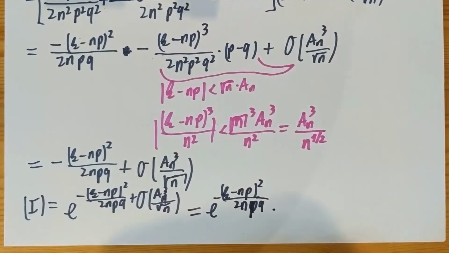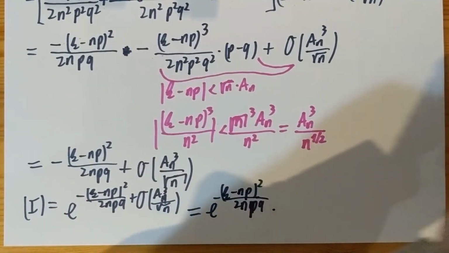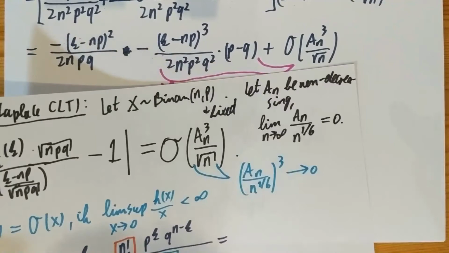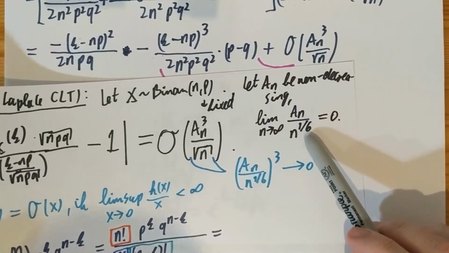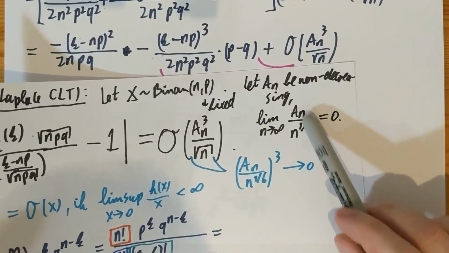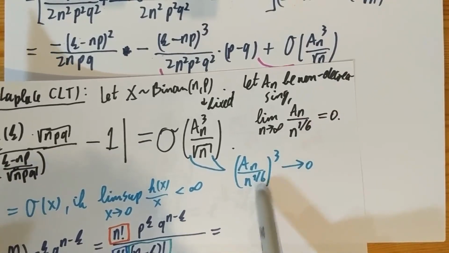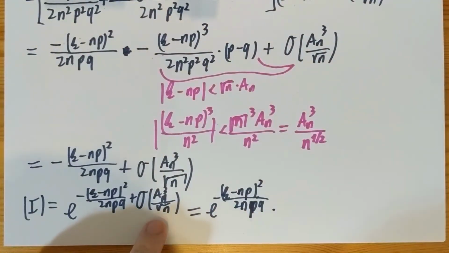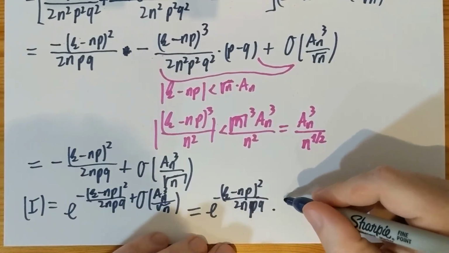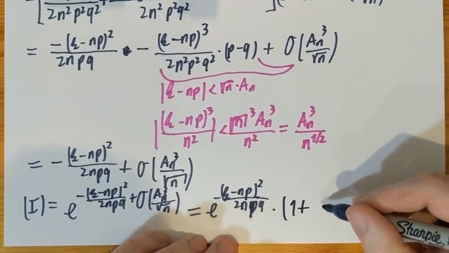Now again let me go back to what we know about an. So an is smaller than n to the 1/6. An over n to the 1/6 goes to 0, or an cube over n to the 1/2 goes to 0. So this is small. And so exponential of small is in the order of 1 plus that small quantity.